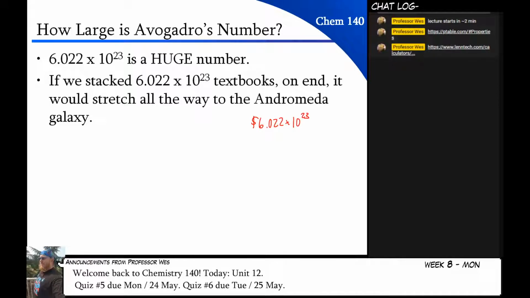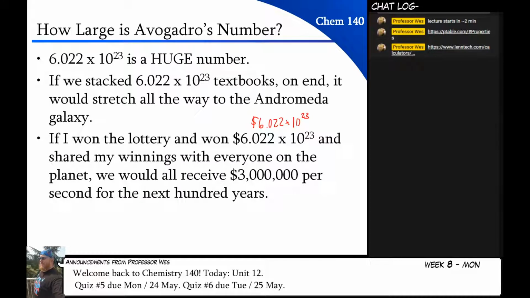Take down the system. No more capitalism. Mole economy. If you got a mole of dollars, you would have enough money to share your winnings with every person on the planet at a rate of $3 million per second for every single person on the planet for the next 100 years. That's how big a mole is.